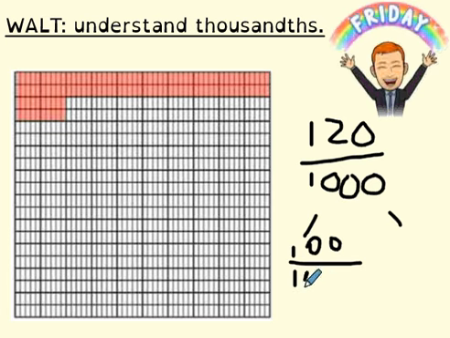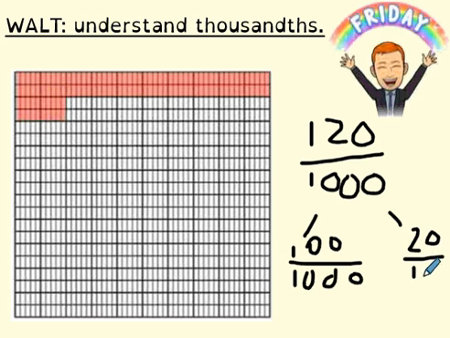We said 100 thousandths is the same as 1/10, one whole row. And as well as that one complete row, I've got two further squares which have both got 10 thousandths in. So in total, it would be 20 thousandths.